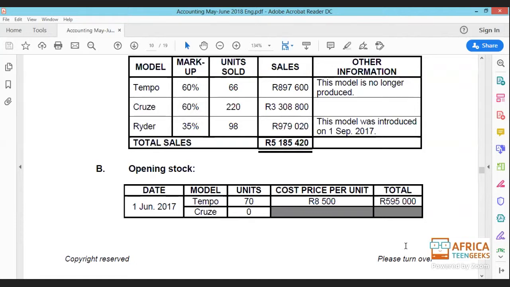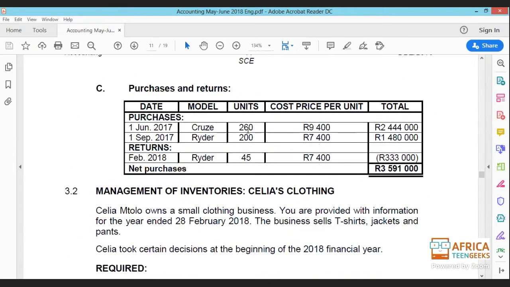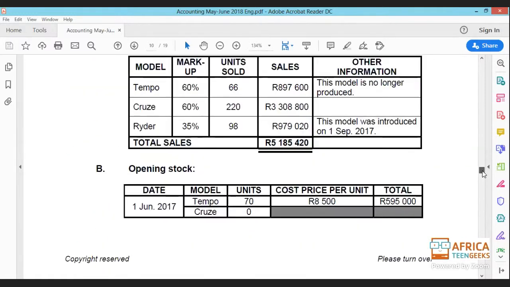Since we sold 66 Tempo, and you had 70 at the beginning, you just need to say 70 minus 66, which means 4 units are unsold for Tempo. Therefore, it's easy to say 4 units multiplied by its cost price of 8,500.